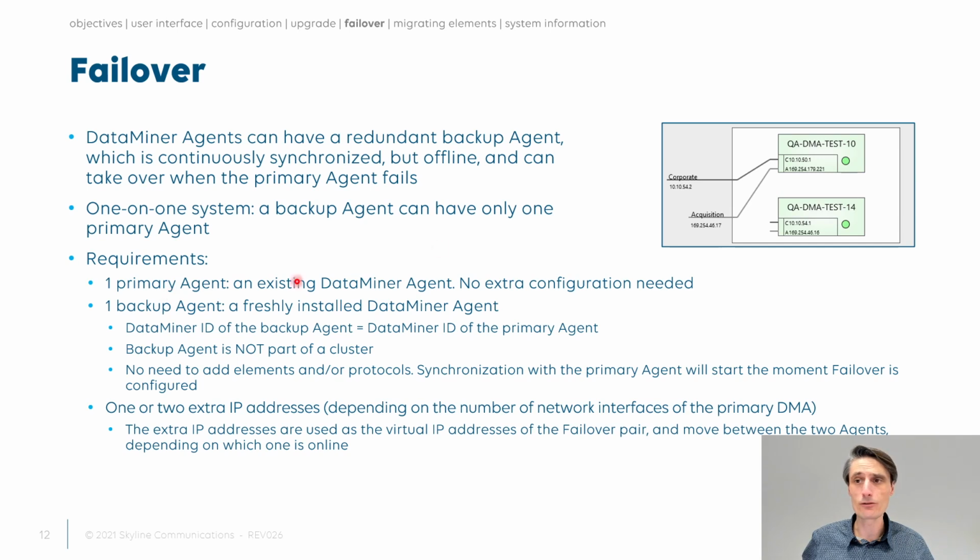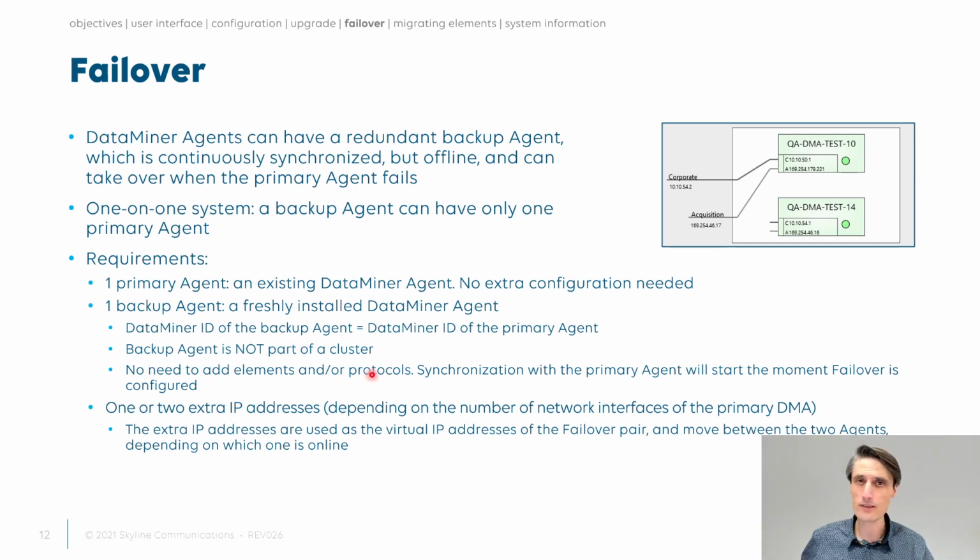I need, first of all, of course, my primary DataMiner agent, which is already configured and doing the job. I have already been working on it for months, you could say. So it could be completely configured and finished. And next to that, I need to have a newly, freshly installed DataMiner agent with no configuration on it. So nothing on it.